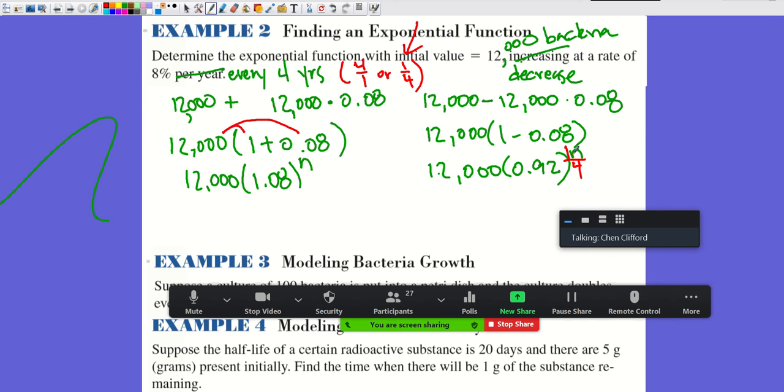It used to take only 1 year to decrease by 8%, or multiply by 0.92, but now it's going to take 4 years for what it used to take 1 year. So 4 divided by 4 is going to equal the 1 that it used to be.